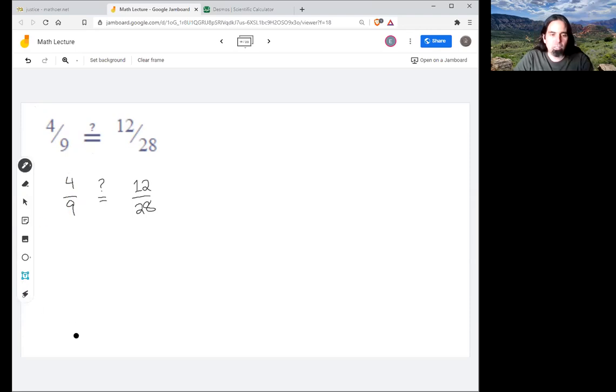So is 4/9 the same as 12/28? I take a diagonal, 4 times 28. And I'm wondering, is that the same as the other diagonal, 9 times 12?